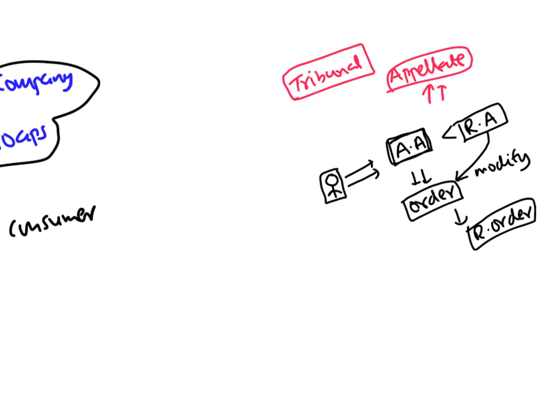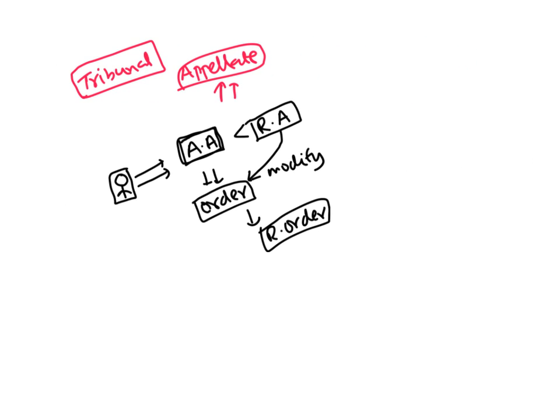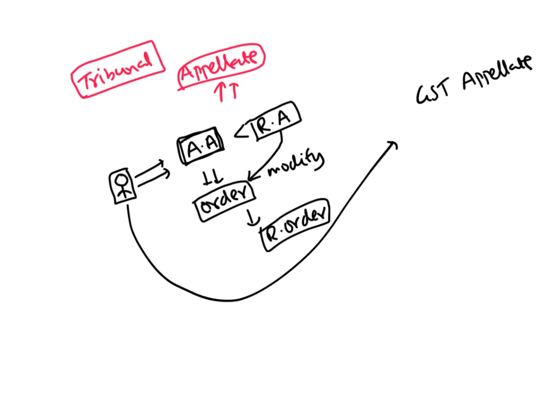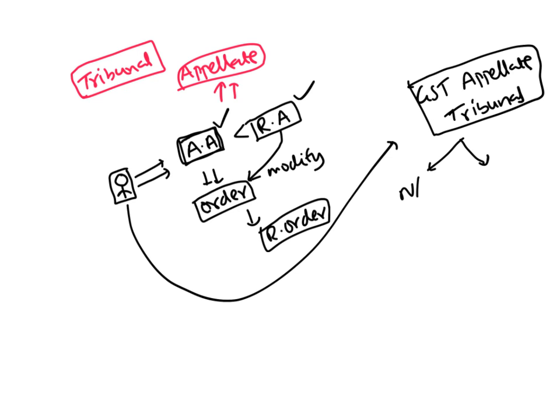And the law says, if you are not happy with either the appellate authority's order or the revision order, the person can approach the GST appellate tribunal. Here we are talking about appellate authority. Here we are talking about appellate tribunal. And the tribunal can also have two tiers of benches: national, regional, state, area wide.